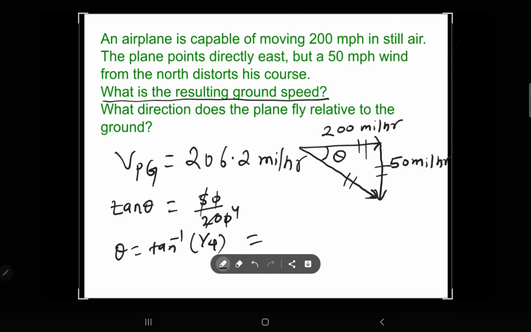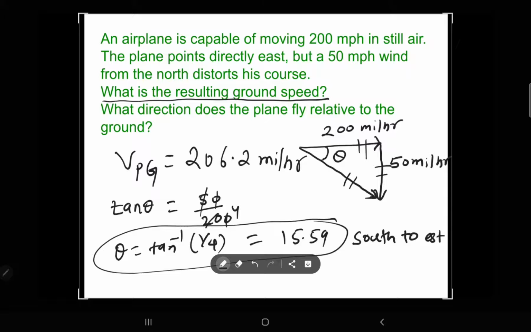So this will give you something like 15.59 degrees. Look at the direction, this is pointing south of east. So this is the direction, and this is the resulting velocity of the plane.